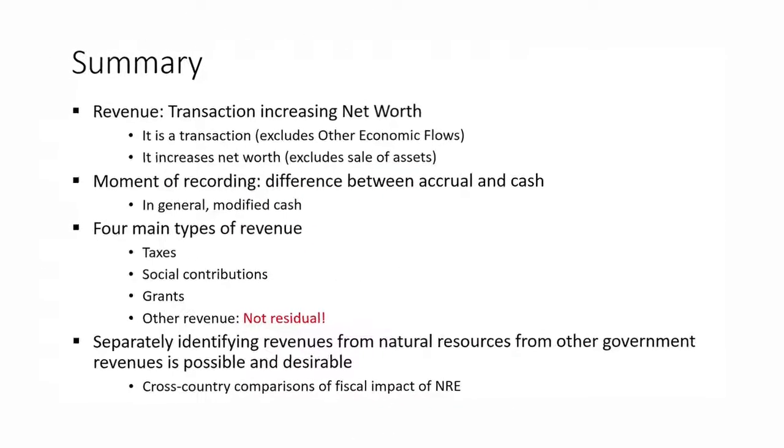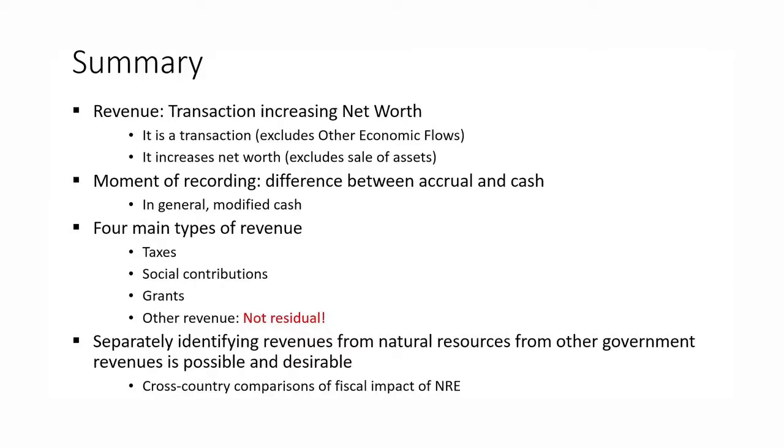So to sum it up, we have revenues, transactions which increase the net worth. We have the government. We know the government sector. That's the general government, which consists of central government, state government and local governments. This we know. And we have the money they get, the revenue.